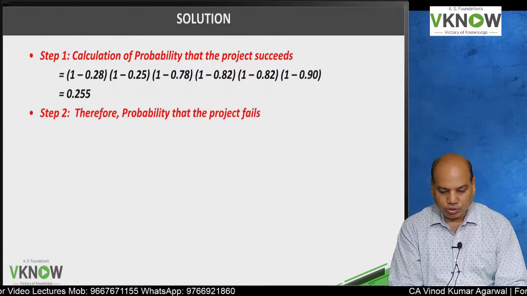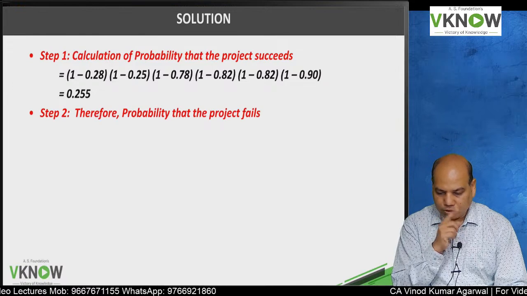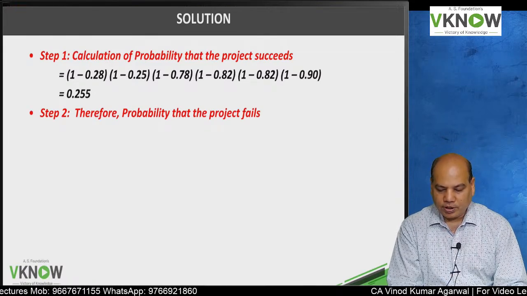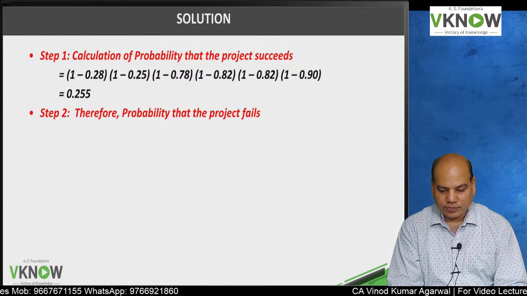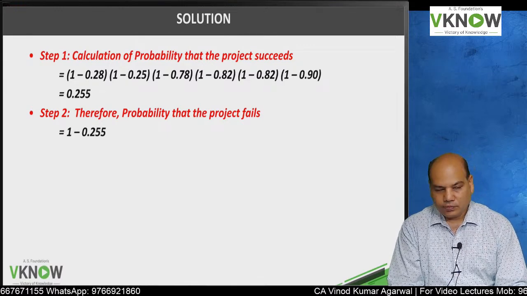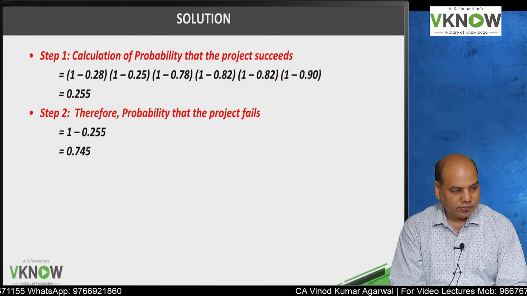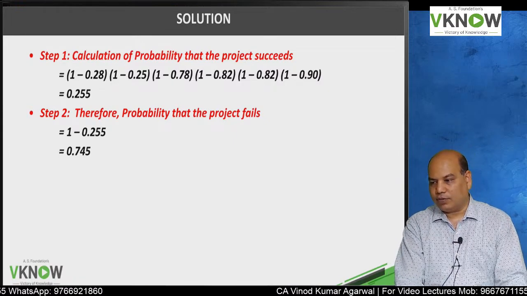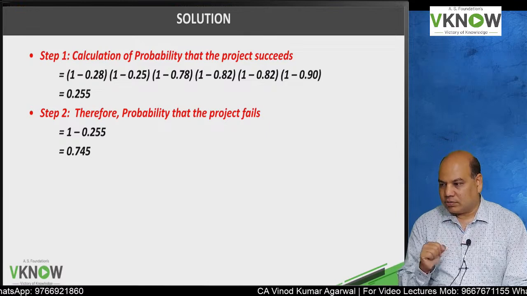So that is 0.255. Step 2. Therefore, the probability that the project fails is 1 minus 0.255, which is 0.745.